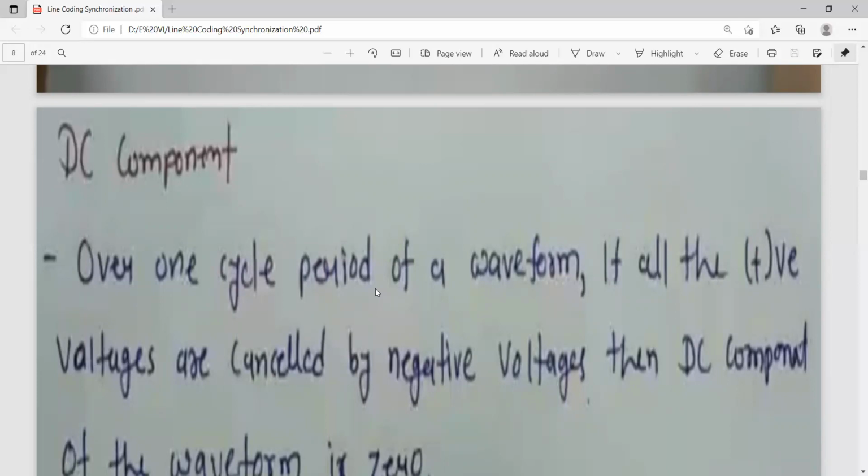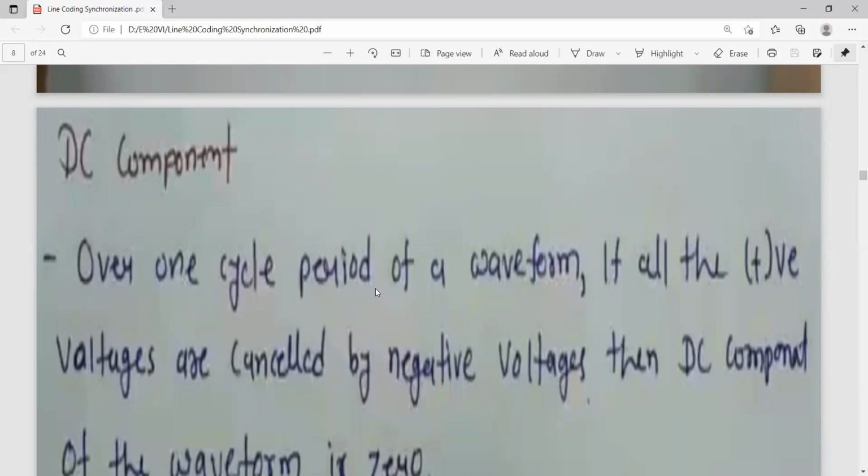If you are communicating DC for a longer duration, there is a chance of damaging the device, and also a chance of mismatching the synchronization of the clock. Therefore we want to eliminate these side by side ones or side by side zeros.